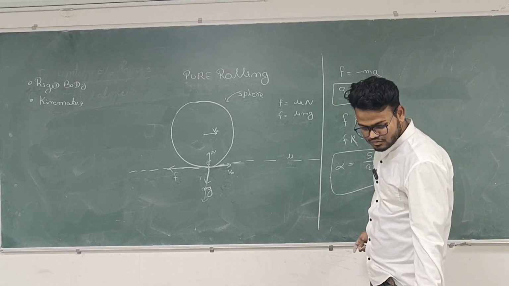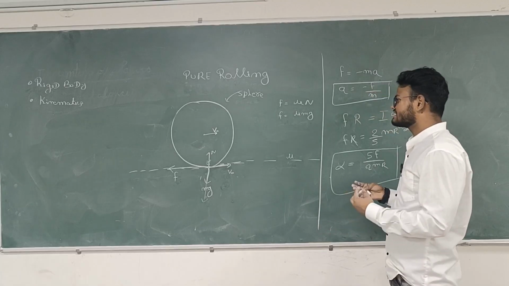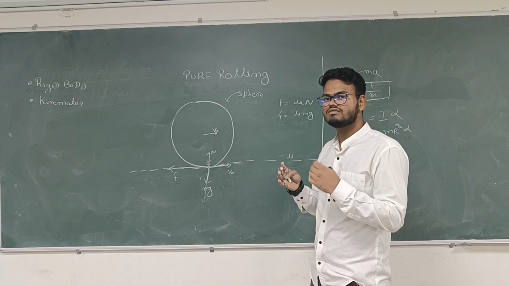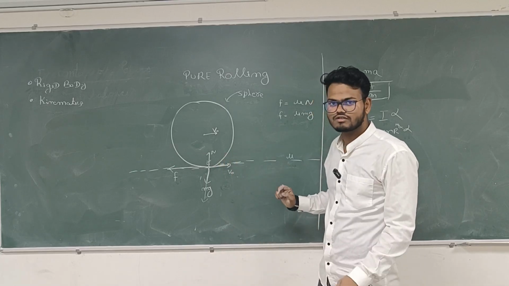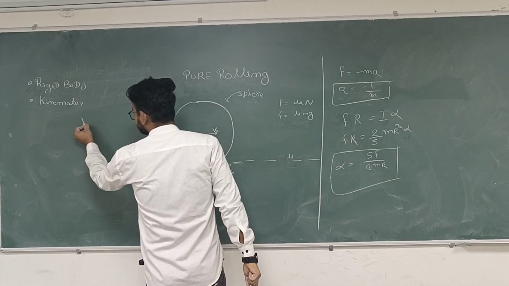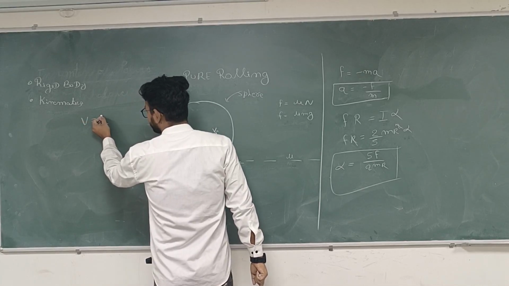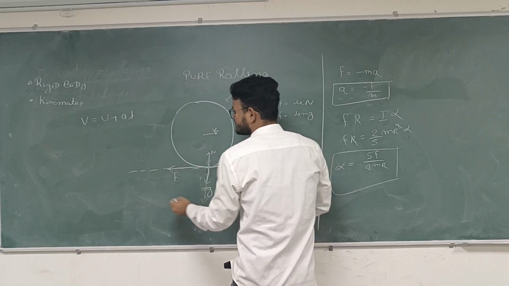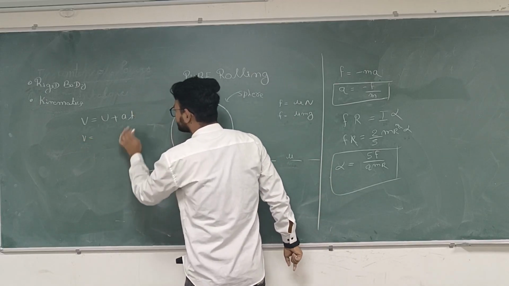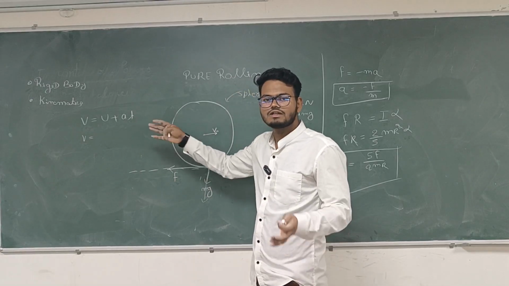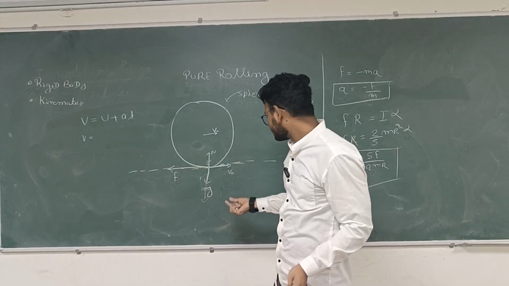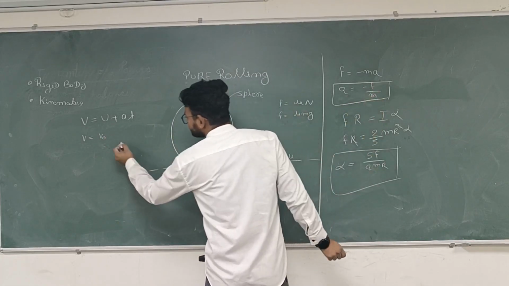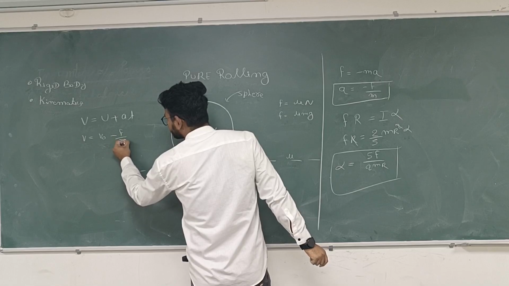Now we have to find the velocity at time t, because the velocity will reduce and also the angular velocity omega will increase. So we have to find both the velocities. From Newton's equation we know v equals u plus a t, and initially the velocity is v naught. So v at time t, let's suppose this is the time where the body starts pure rolling motion, equals initial velocity v naught plus acceleration minus F by m times t.